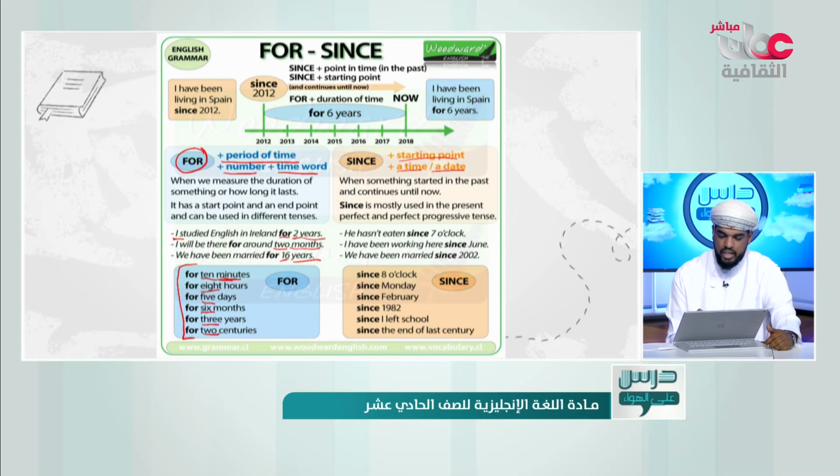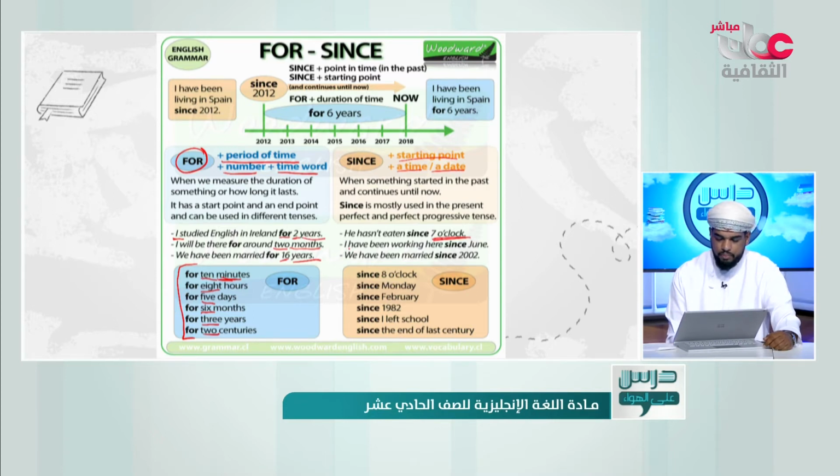So as we know, we use for and since in the present perfect. Let's see this example: He hasn't eaten since 7 o'clock. So this is a time. It is not a number with a time word. This is a time, 7 o'clock, 8 o'clock, 9 o'clock, and so on.